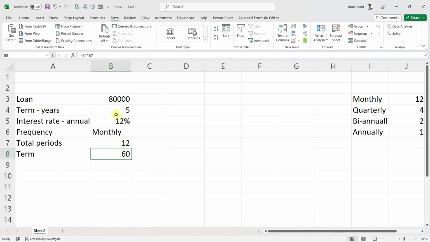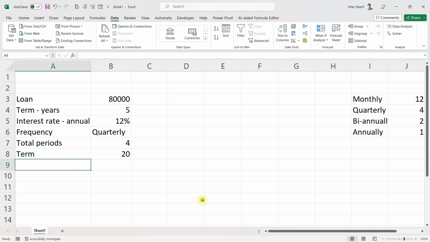This is because there are 5 years of the loan term, and each year has 12 months, so 5 into 12 is 60. Similarly, if I make it quarterly, the term will automatically be updated to 20, which means that there are 5 years, and in each year there are 4 quarters, so 5 into 4 makes it 20. So now my term will be automatically updated when I change the frequency.